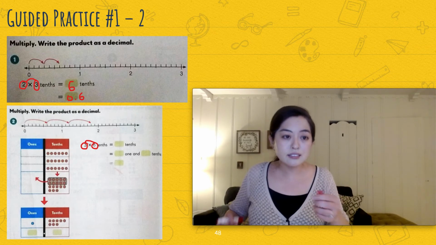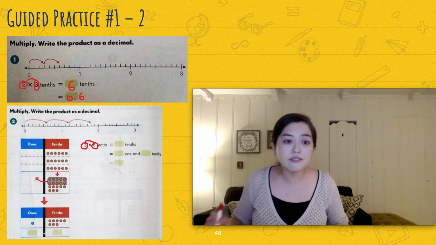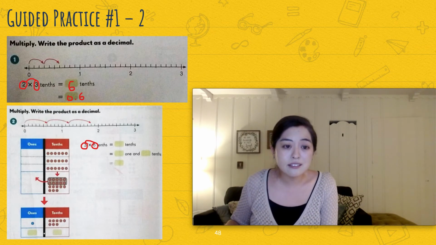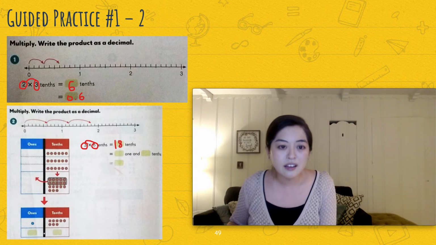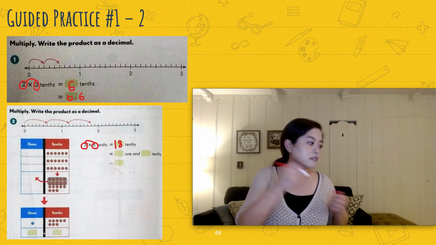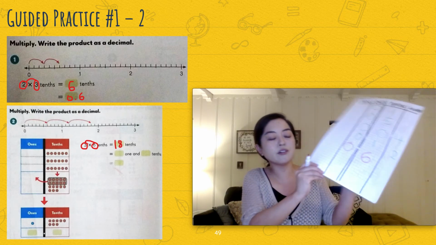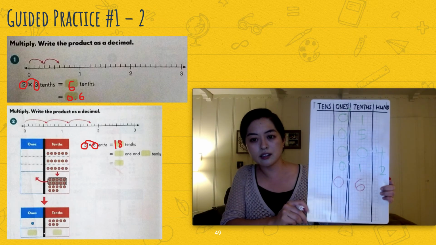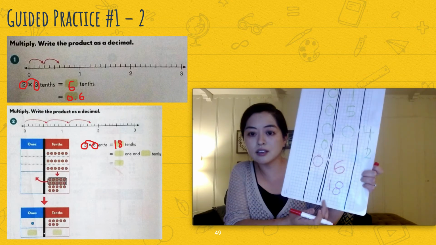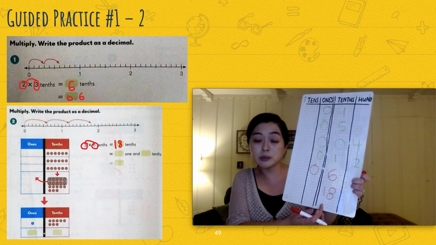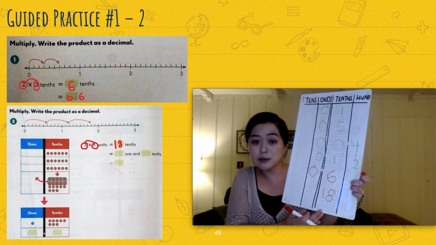All right, let's take a look at number 2. We've got 3 times 6/10 is 18/10. Okay, so if I want to write 18 here in the tens column, can I do this? Can I squeeze in a 2-digit number in one place value column?